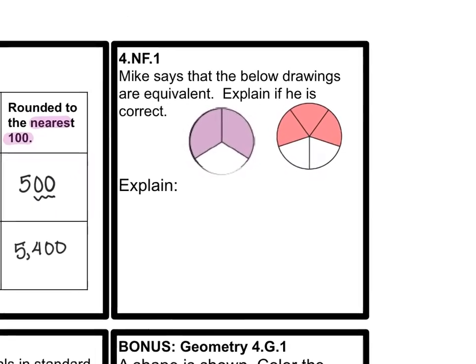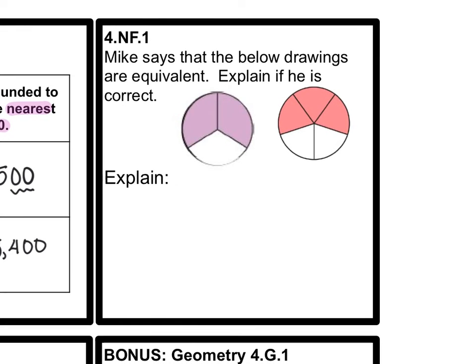All right, the next one. Mike says that the below drawings are equivalent, meaning the same. Explain if he is correct. So what we're basically saying is this circle is shaded the same amount as this circle. If you're looking at it, you can tell that maybe the purple one is shaded in just a little bit more.